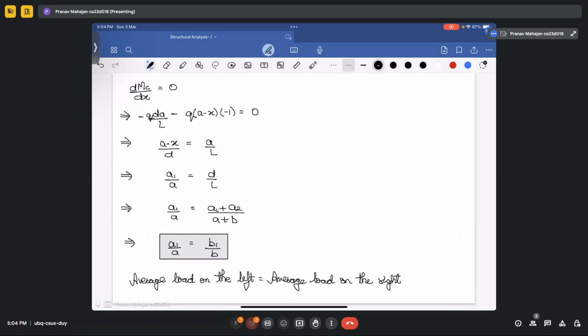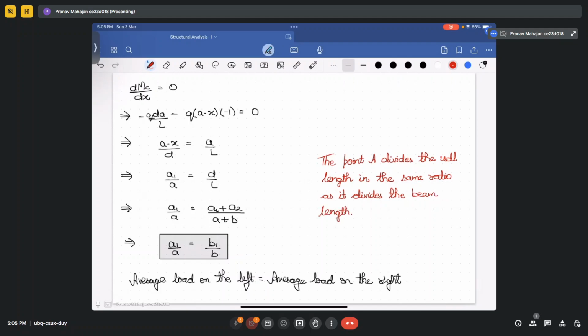So the answer is: the point A divides the UDL length in the same ratio as it divides the beam length. Okay, so this is the final result.